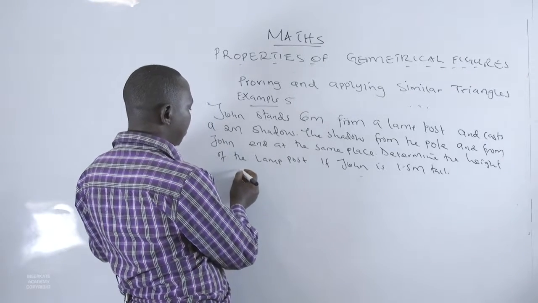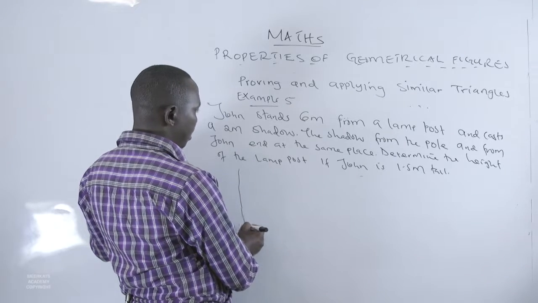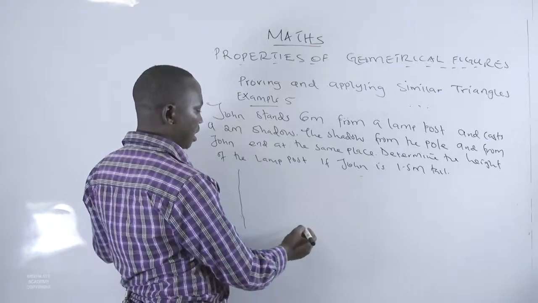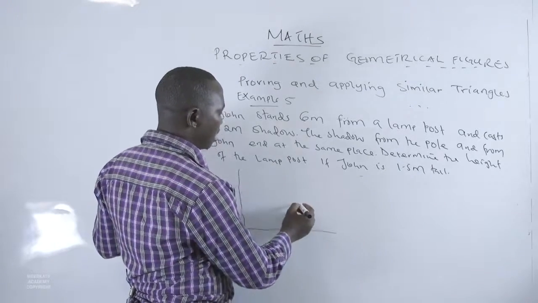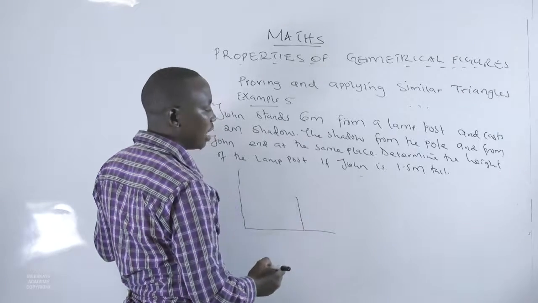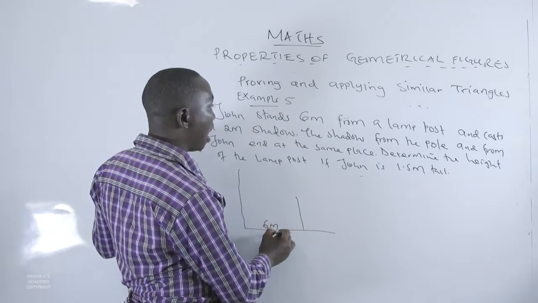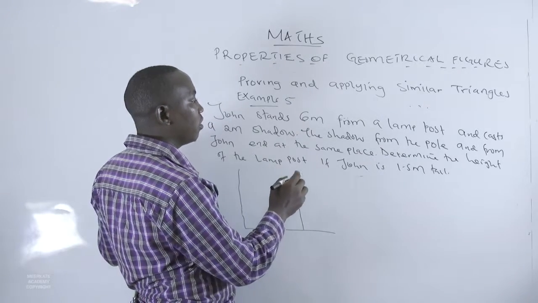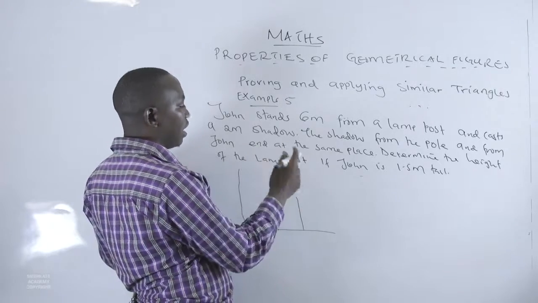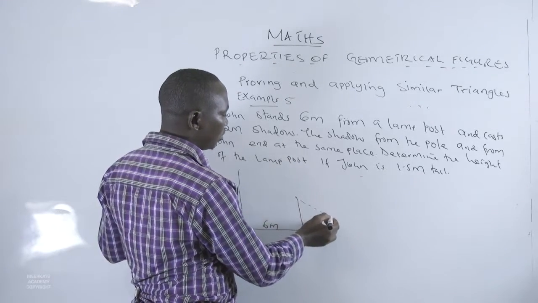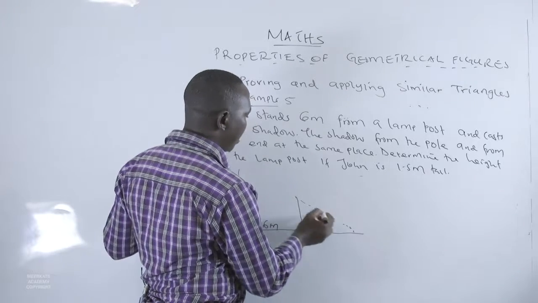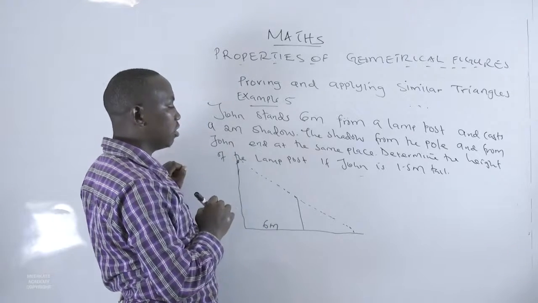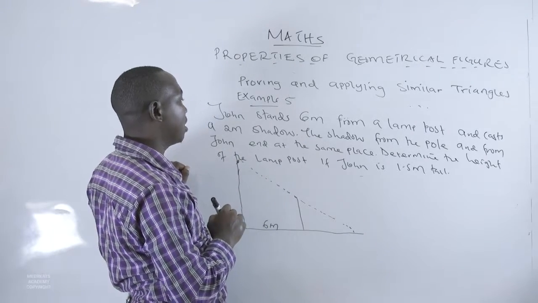If this is the lamp post, we are told that John is standing 6 meters away from it, and that he is going to cast some shadow which is going to be away from the lamp, which is at the top of that particular lamp post.